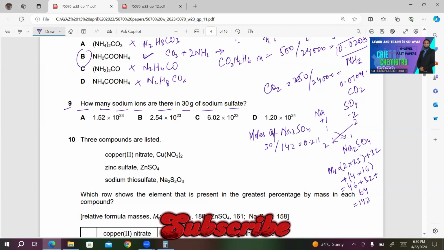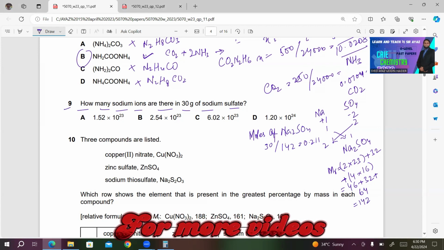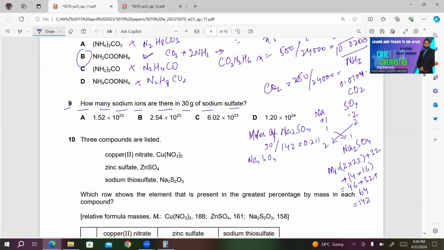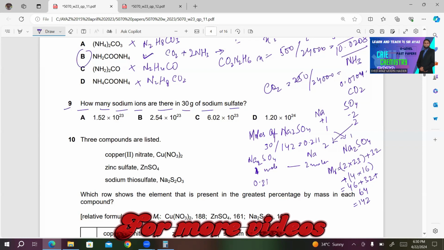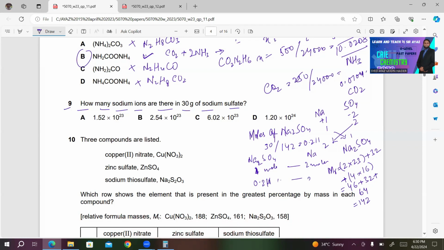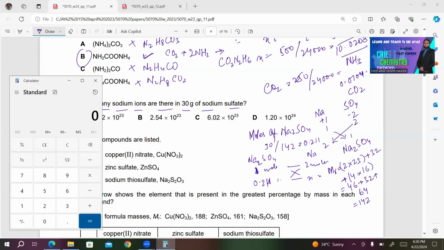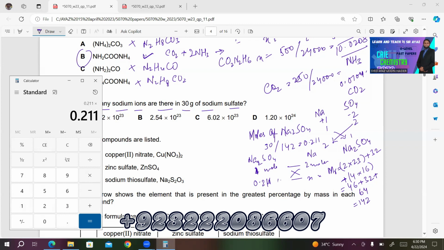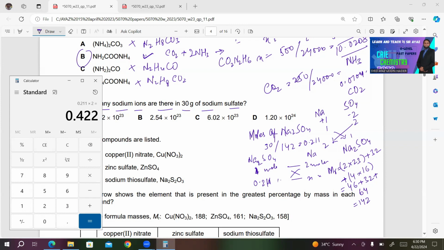So Na2SO4, 1 mole gives 2 moles of Na. You see, 2 is here. That's why, 0.211 mole gives X moles. Cross multiplied, 0.211 multiplied by 2, 0.422 moles of sodium ions.